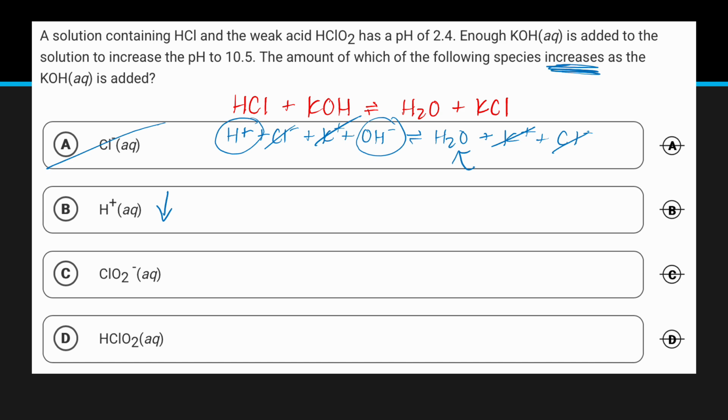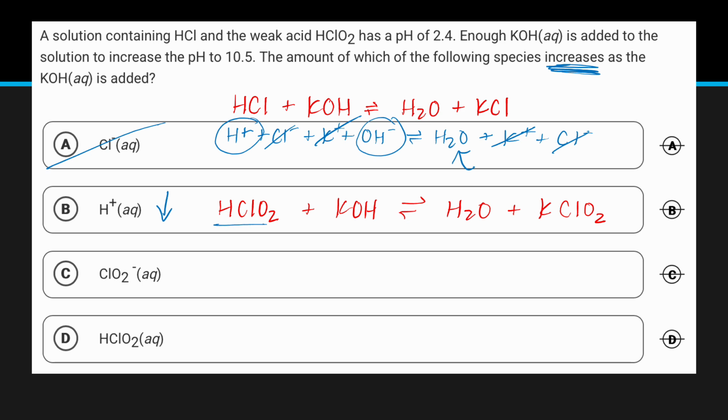So now let's look at our other reaction happening, which is with our weak acid, HClO2. That is again reacting with KOH, and that's going to form water and potassium salt. So now let's go ahead and make our net ionic equation.